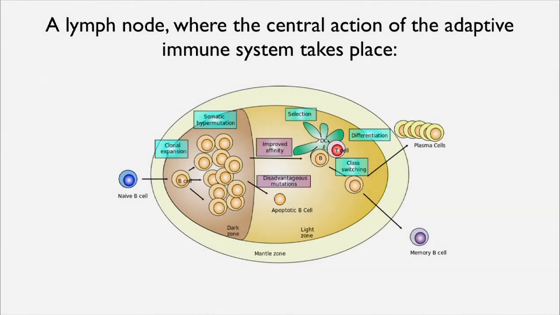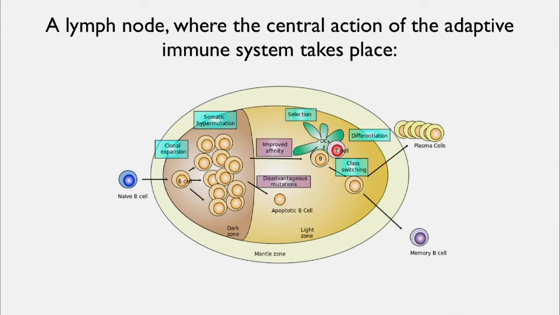The central action of the adaptive immune system is clonal selection, and clonal selection actually occurs in a lymph node. So you are to imagine that a dendritic cell has found a pathogen and has chopped it up into pieces and is ready to present a piece of it on its surface, and it comes into a lymph node.